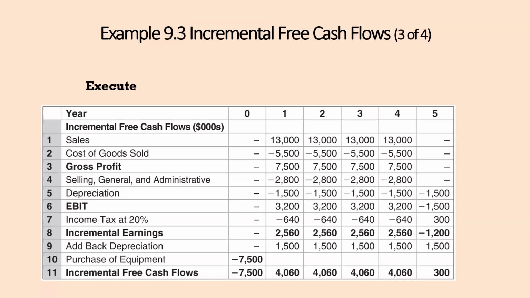You have incremental earnings at 2.560. You add back depreciation at 1.5. Purchase of equipment, blank. Then you have your incremental free cash flows at 4.060. And then you see the second, third, fourth, and fifth year periods.